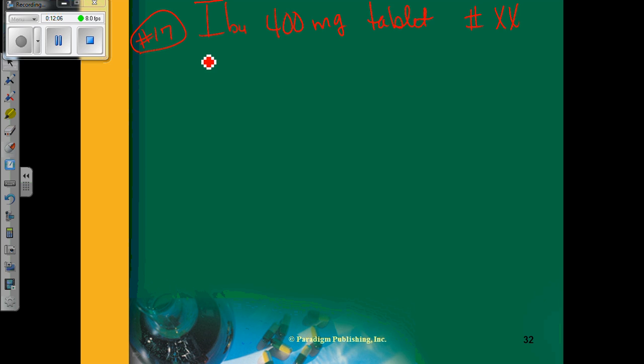It says take 1 QID, which is 4 times a day, with food. So we're looking for how much medication should be dispensed. This one doesn't tell us for how many days, but it tells us right here, XX is 10 and 10. 10 plus 10 is 20. So you have a quantity of 20. That was an easy one.